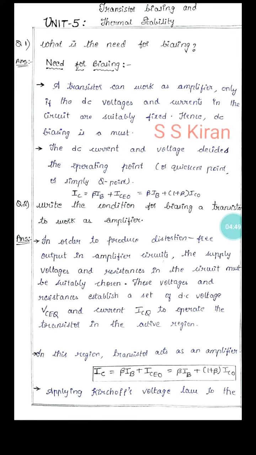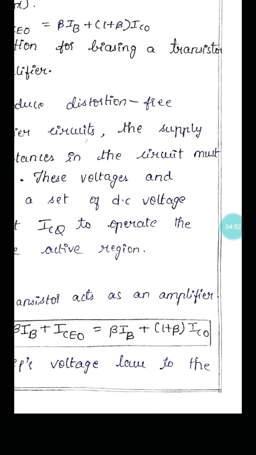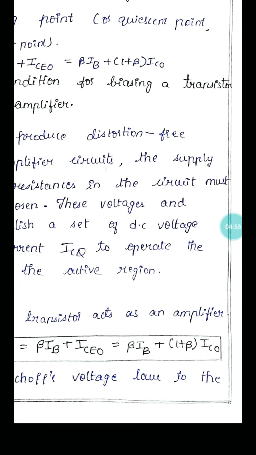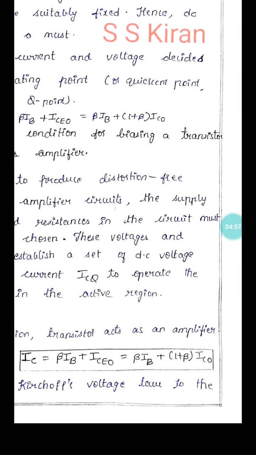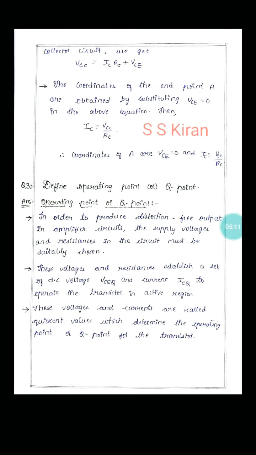In this region, transistor acts as an amplifier. IC is equal to beta IB plus (1 plus beta) into ICBO. Okay, beta is a current amplification factor for common emitter, right? 1 plus beta is also one of the current amplification factors in the common collector. No need here. Now on the output side we have to write one equation that is called KVL.